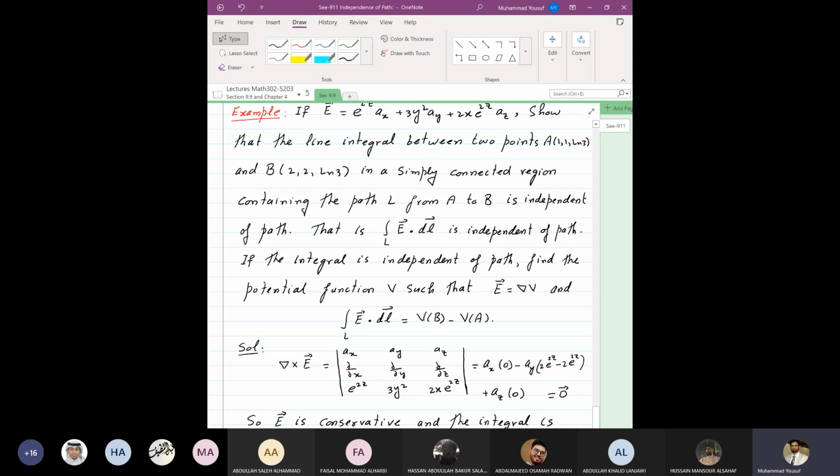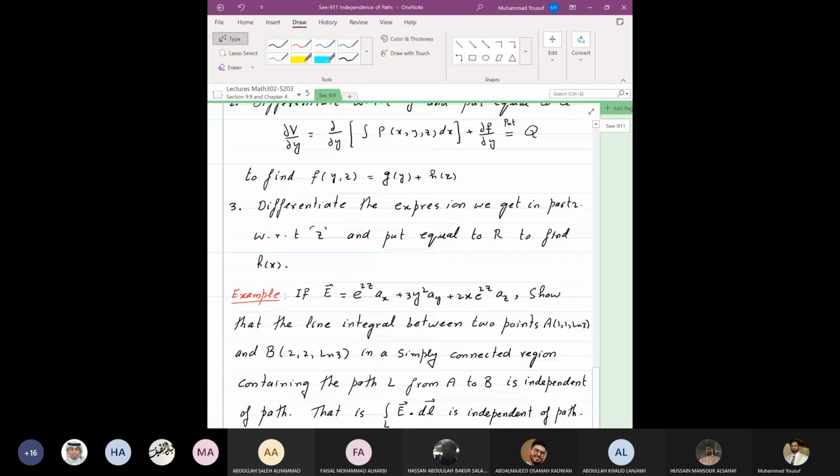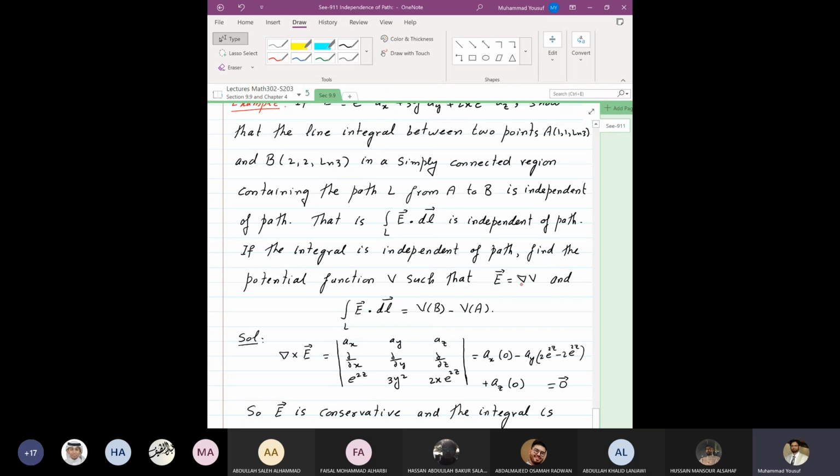When it is an electric field, we will say negative the gradient of V. So let me include here, if it is an electric field, then what will be the difference?